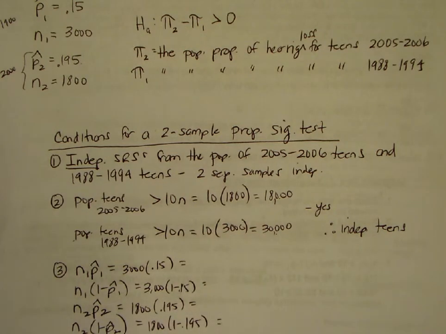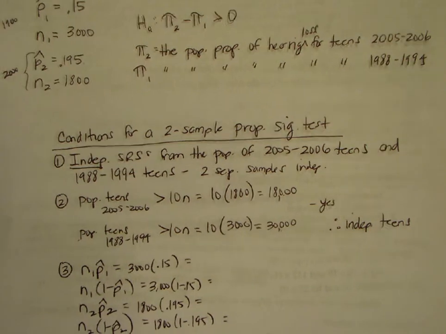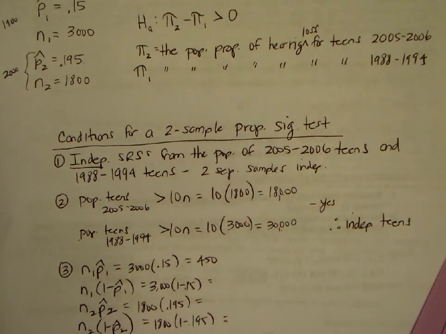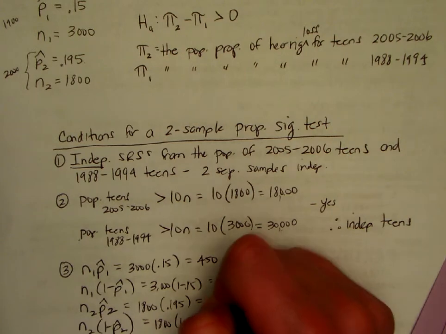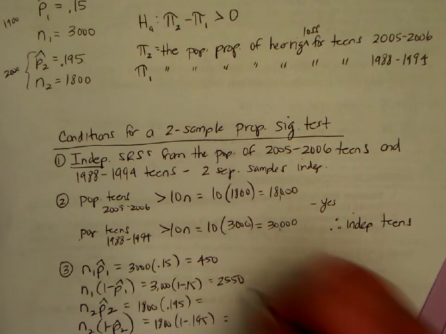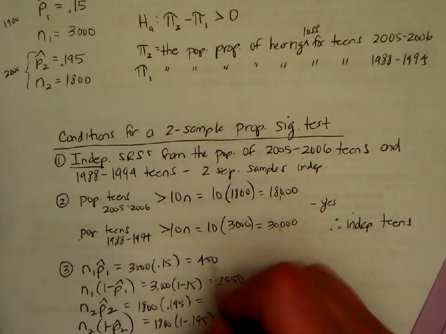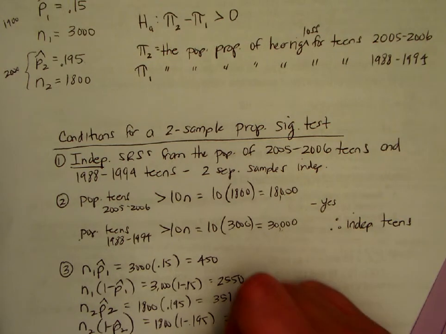So let's see, I'll just do it in my calculator really quick. Hopefully you are doing it. So I got 450. I think 2,550. And then I have 351 and 1,449.